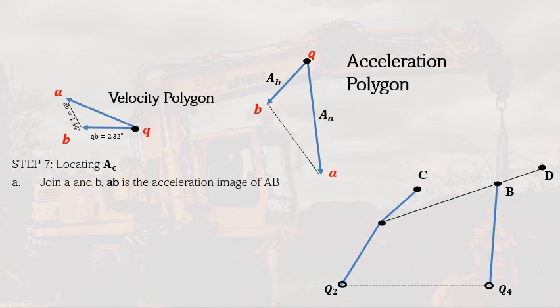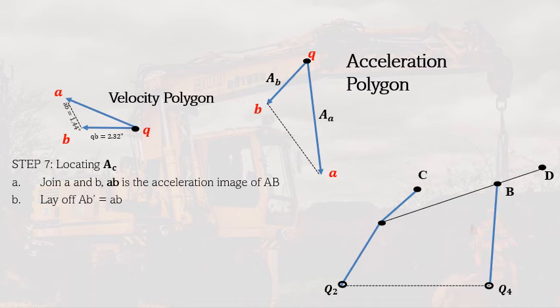So we draw that, that is the image of AB here. And then we lay off AB prime equals AB. Meaning from point A, we locate a B prime, which is equivalent to the length of AB. So this length AB here.